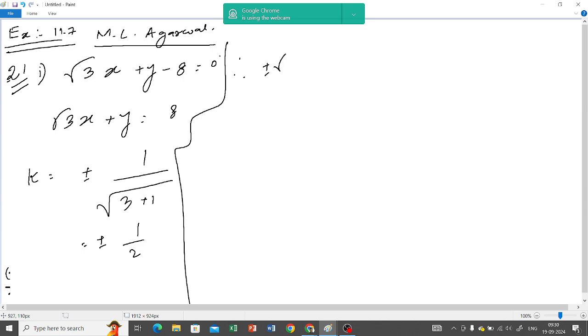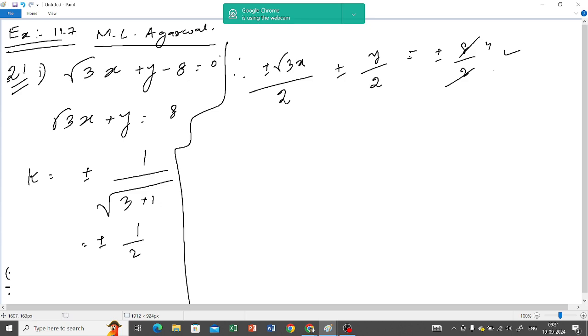So plus minus 1 by 2. Now which sign should we take, right?